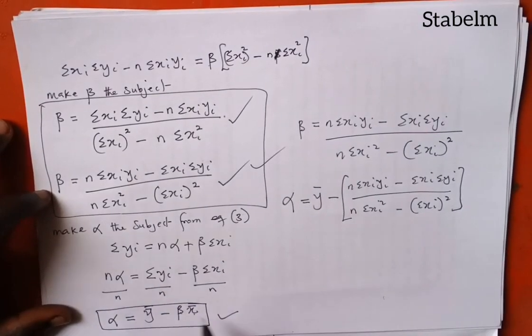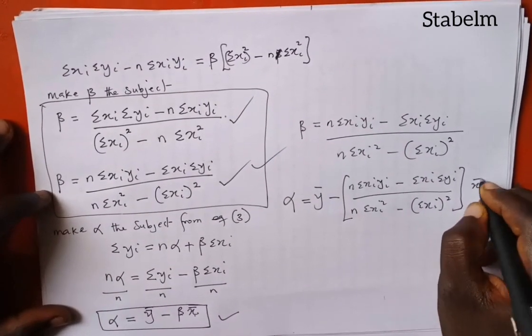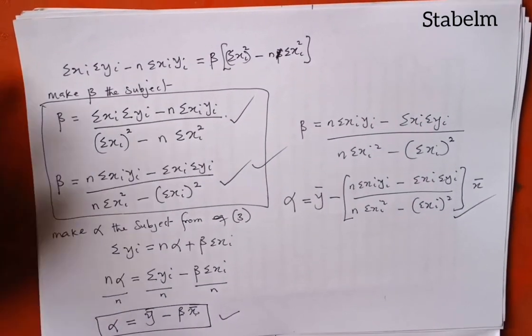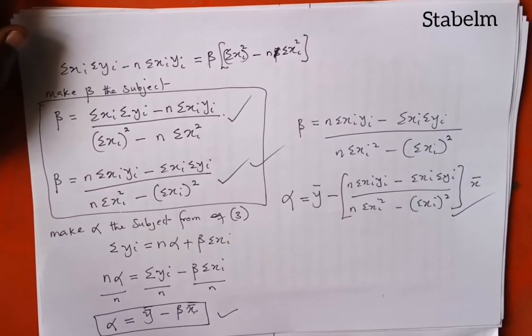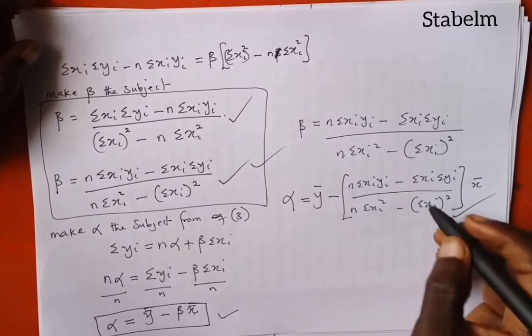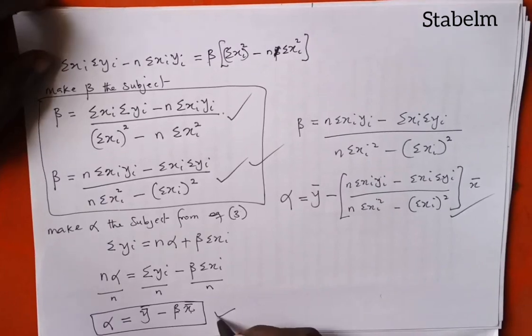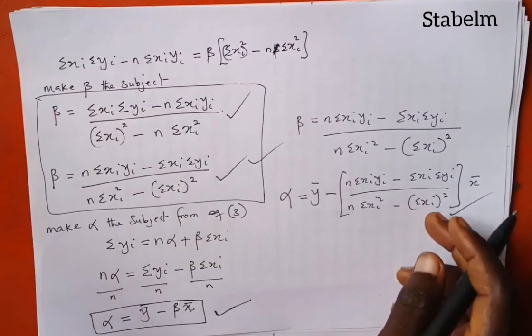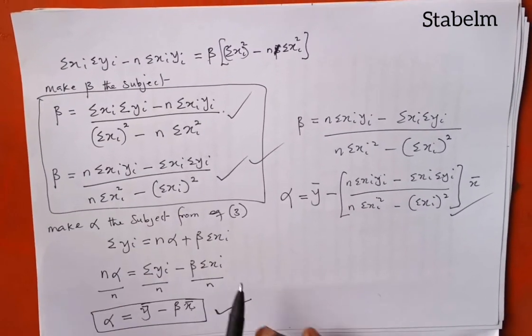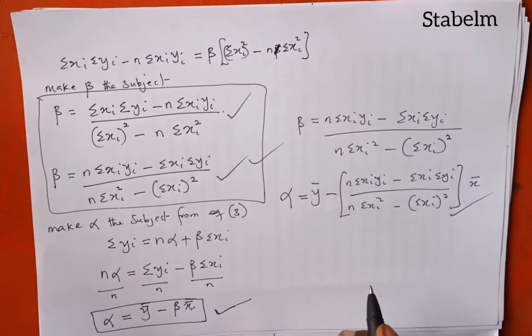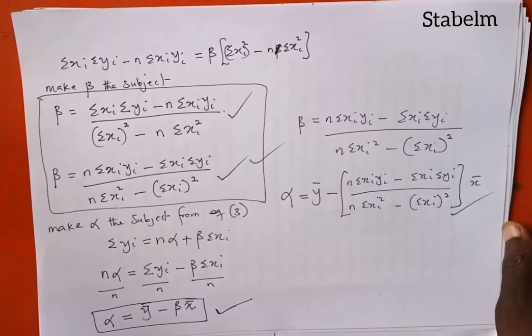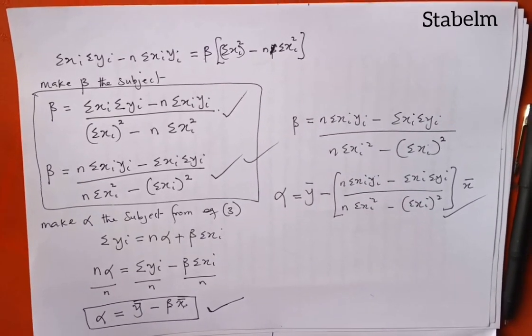Then we have x bar. This will also work, but there is no need to use this complicated form. It's better we use the simpler one. So this is how to find beta and alpha of the simple linear regression model using the least squares method.